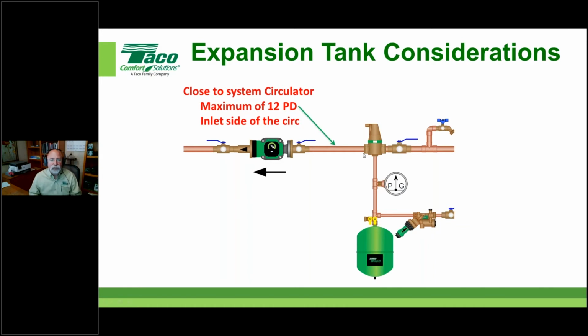Don't freak out about it. Maybe make a note, 12 pipe diameters, but just understand the concept. Concepts are easier to walk home with. Get that system pump fairly close to where that expansion tank meets the system. That's usually not talked about that often, but it is an important point.